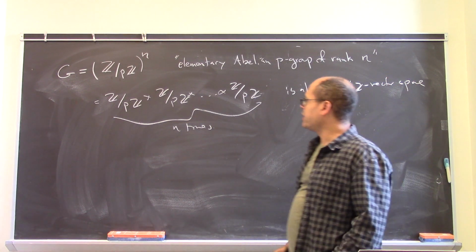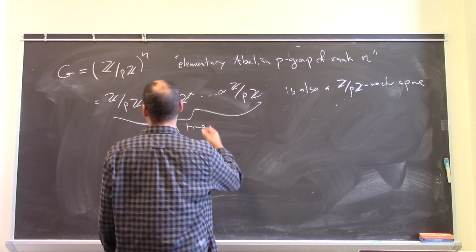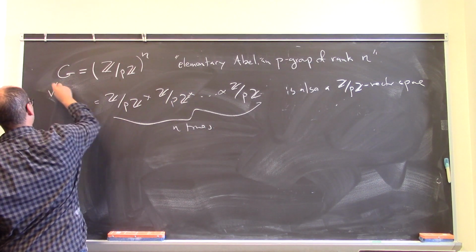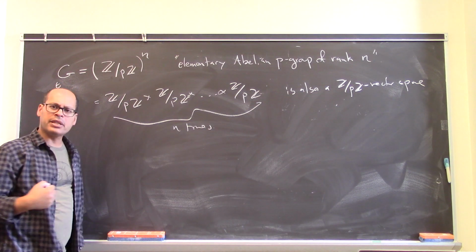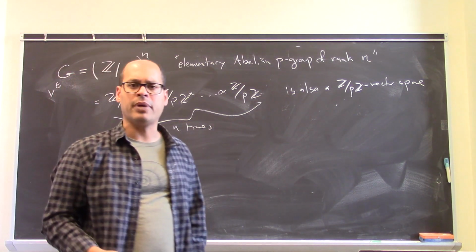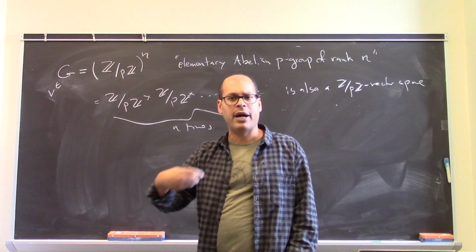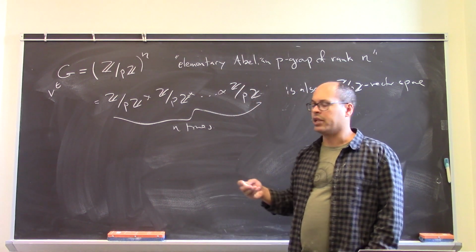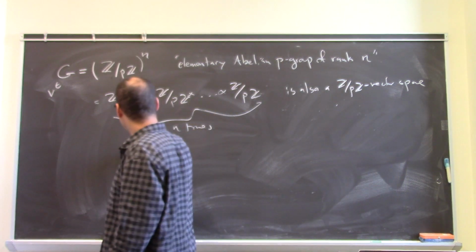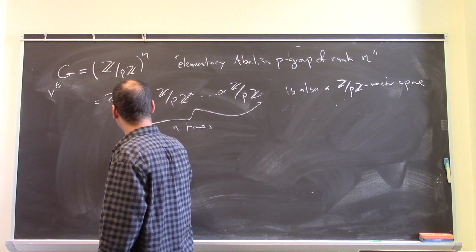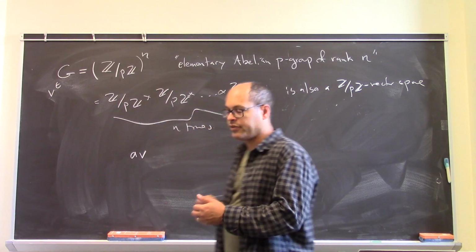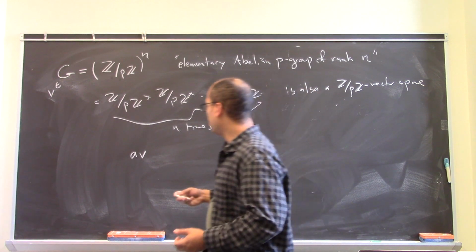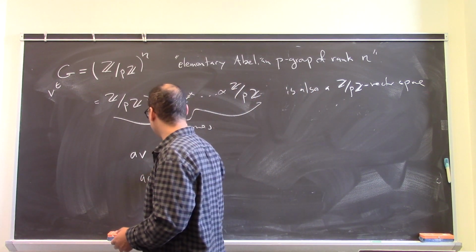So that is to say, if I have some element inside this group, I'll call it suggestively v, of course it makes sense to multiply elements in the group by integers. That's really just taking powers in the group, because I'm writing things additively. So we can define a v, well, this is already defined in the group, where a is an integer.